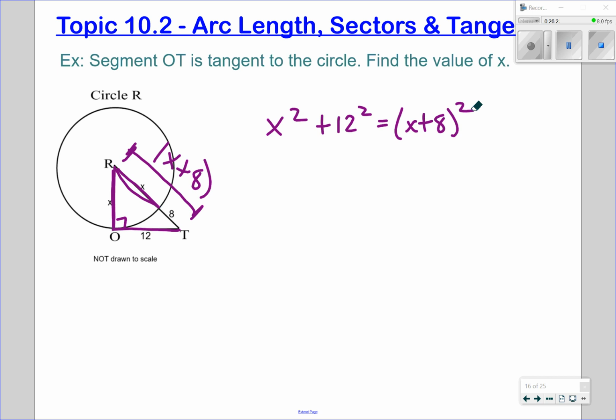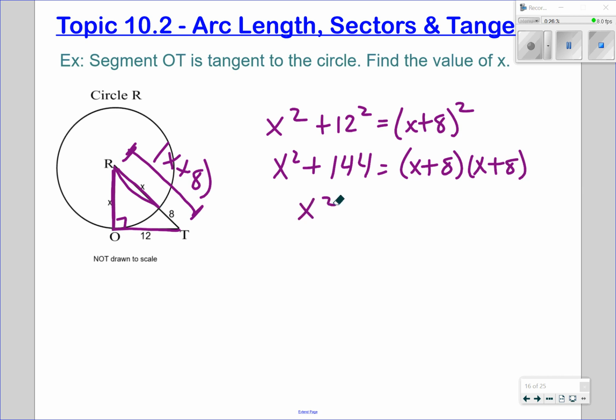Algebra happens, x squared plus 144. Now, those of you who are thinking, oh, x squared plus 64, be careful. This is actually x plus 8 times x plus 8. So this would be x squared plus 144 equals x squared plus 16x plus 64.